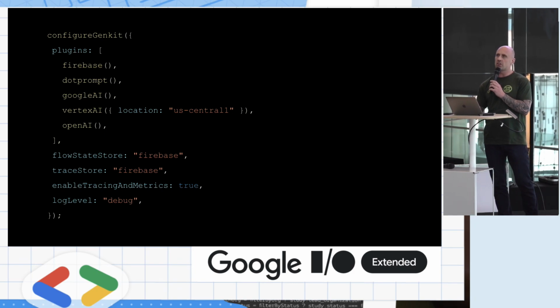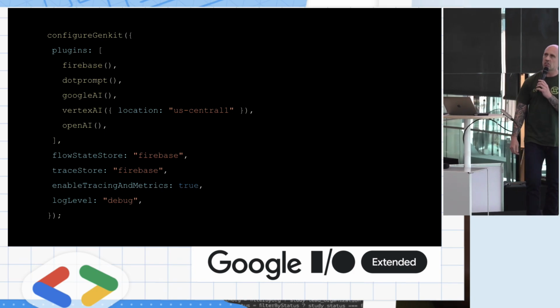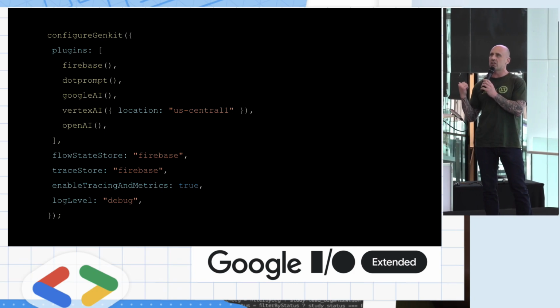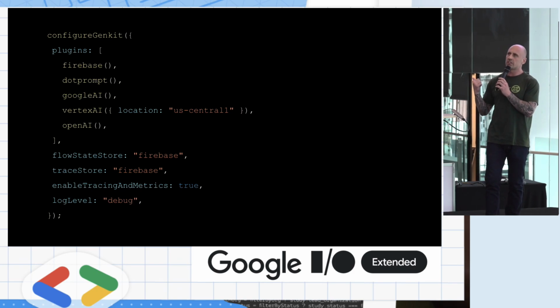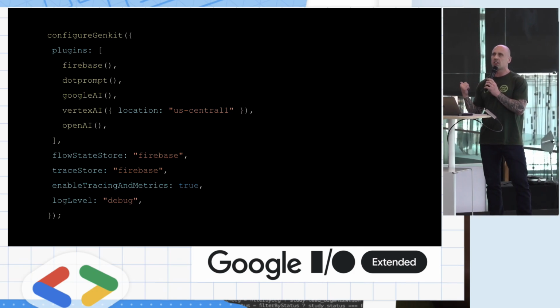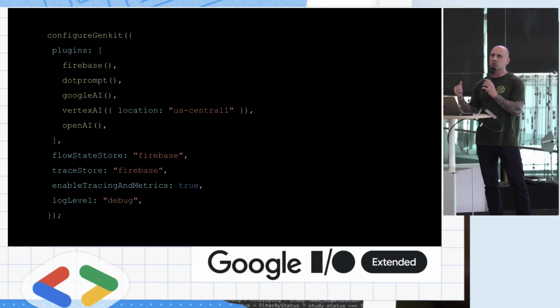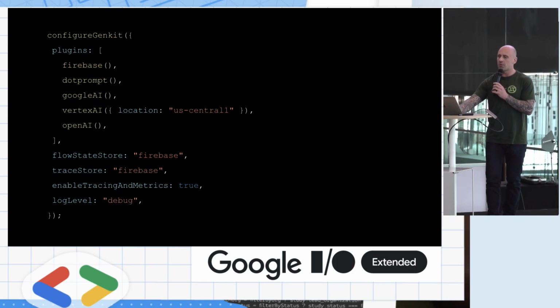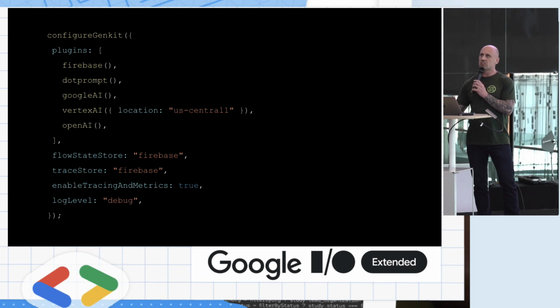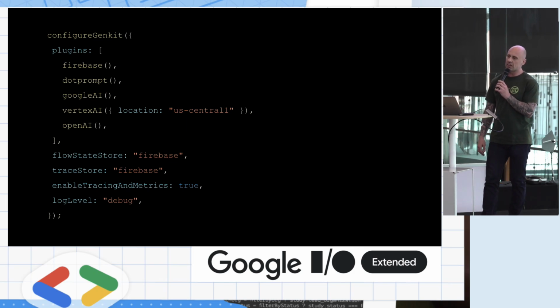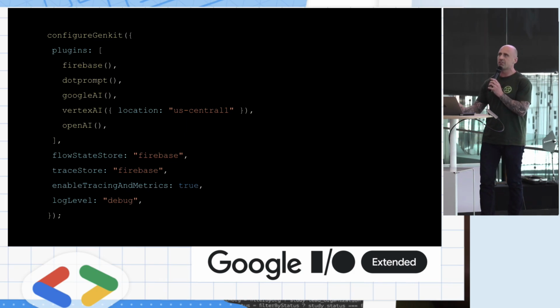The trace store, as T showed in the previous presentation, is also storing all the traces so we can look into them later if we want to debug or investigate what's happened throughout any of the flows. And for the option of enable tracing and metrics, set it to true in order to store these traces into the trace store. When you configure flow state and trace store to Firebase, they are both stored into Firestore.